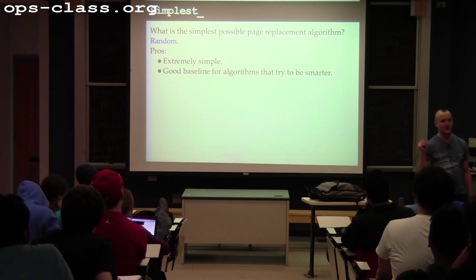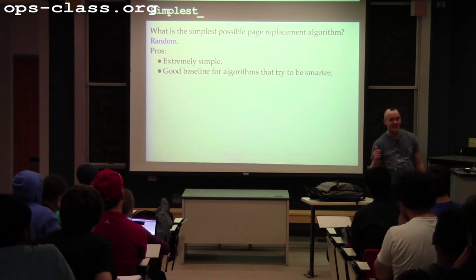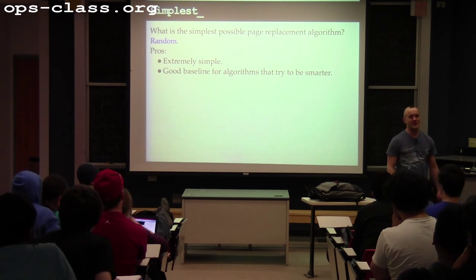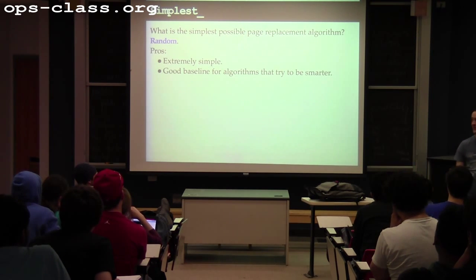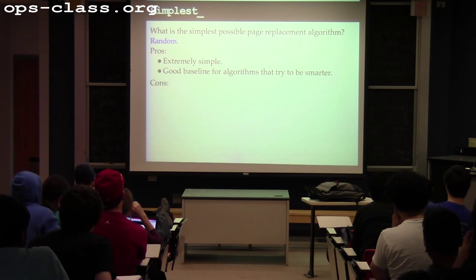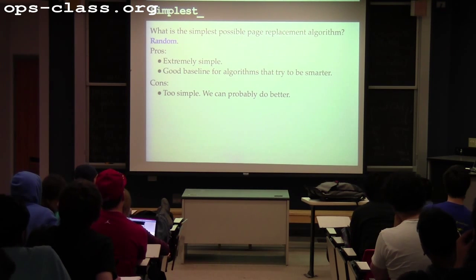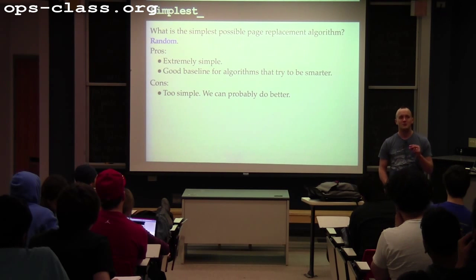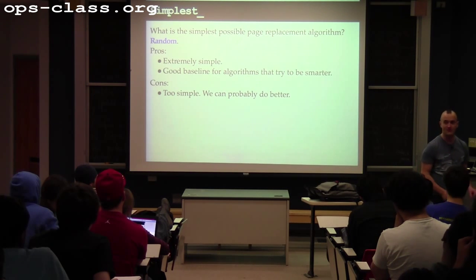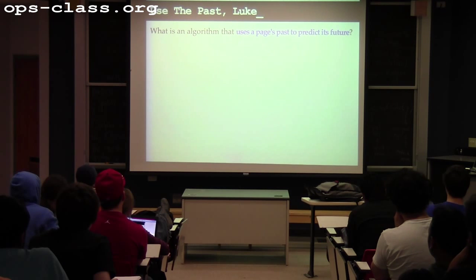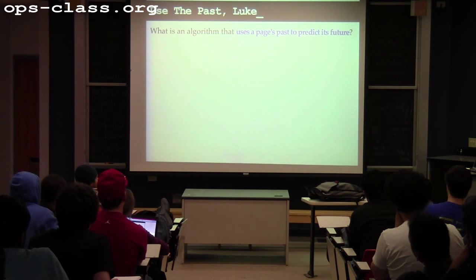Like we said with scheduling, if you can't beat random, just don't get out of bed. The con is it's probably too easy. We might be able to do a little better, but with page replacement there's a fine line: we want to do better, but not at the cost of too much.